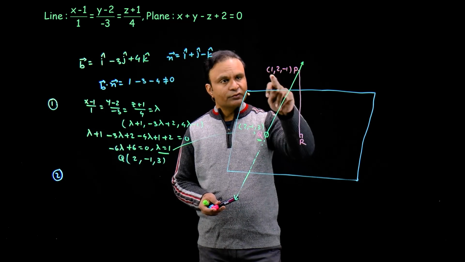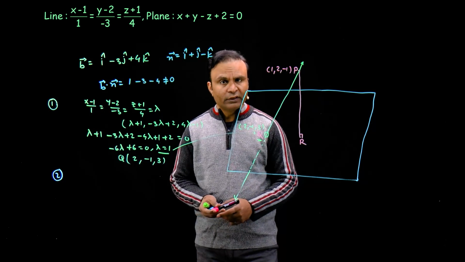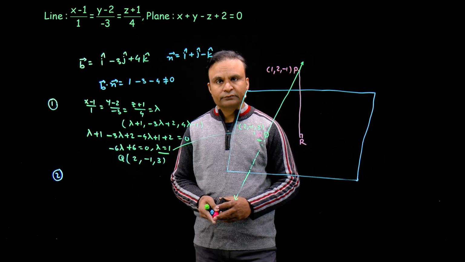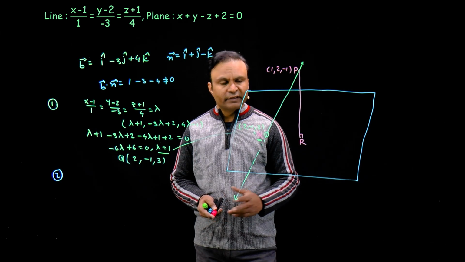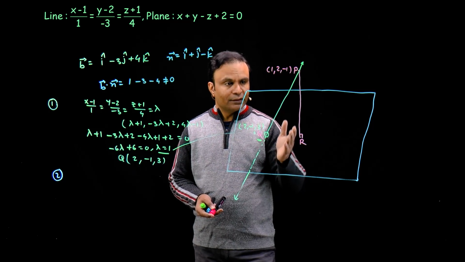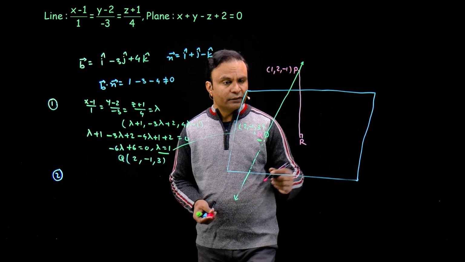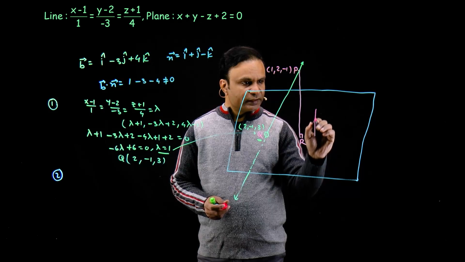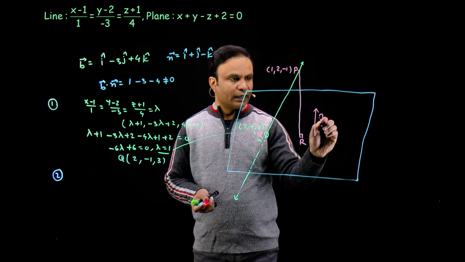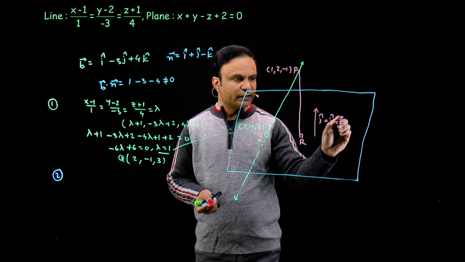Line PR is passing through point P. So we have a point on the line. Now we need direction of PR. And that is simple, because PR is perpendicular to the plane and normal to the plane is a vector. Normal to the plane is i plus j minus k.